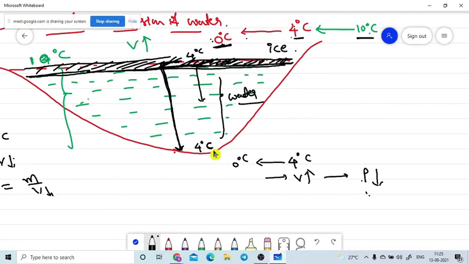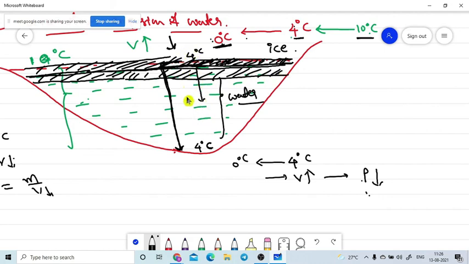You may ask the question: if the temperature further decreases, what will happen to this lake? You may get the doubt. That means some more layers of the top surface of the river will convert into solid ice. So the river will cool down from the top surface of the layer.